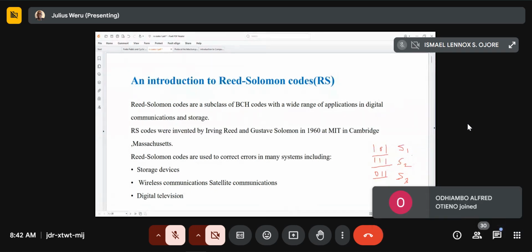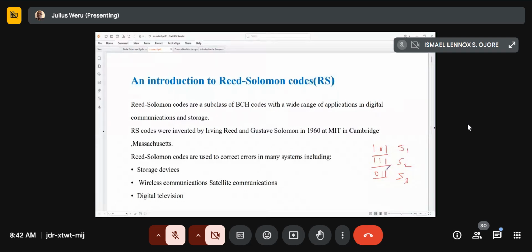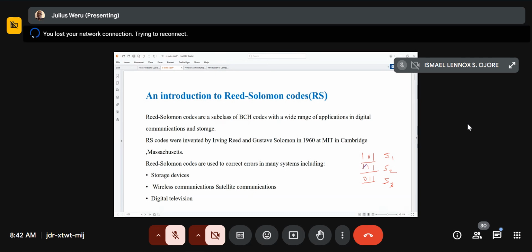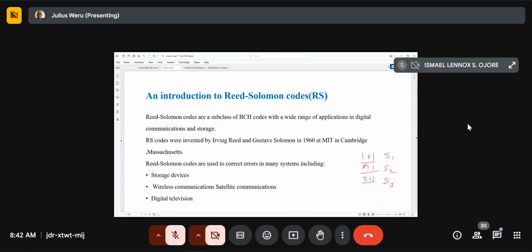That's what makes it possible to handle burst errors, because you can have 3 symbols and everything is rubbed out.